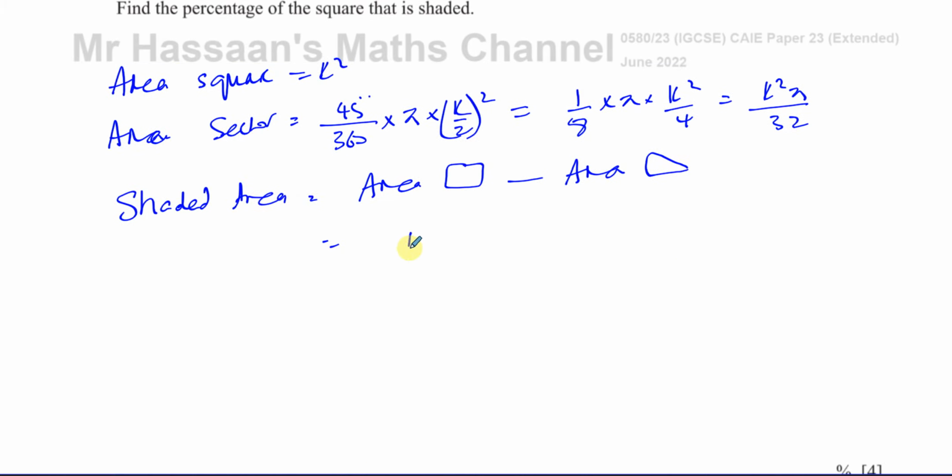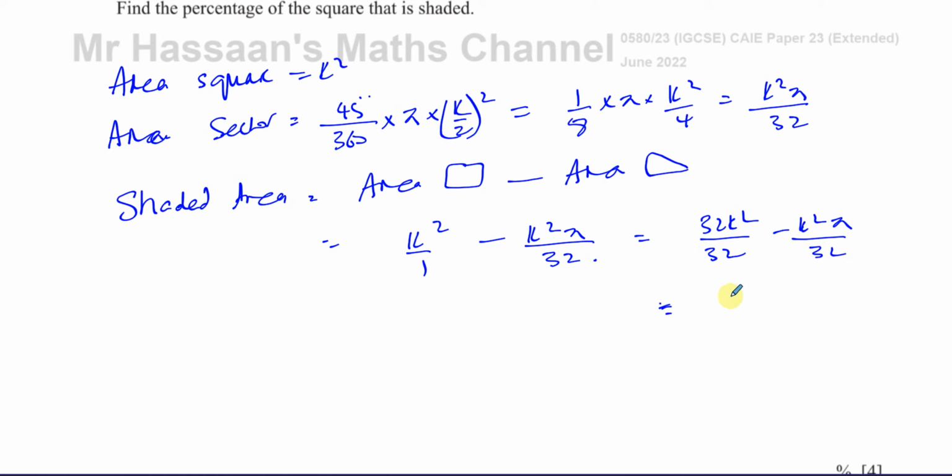So this is k squared minus k squared pi over 32. I can write this as one fraction so that it makes it easier to deal with. So this is like 32 k squared over 32, just making the denominators the same, minus k squared pi over 32. So I can write this as 32k squared minus k squared pi all over 32.